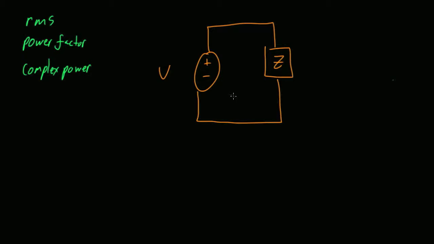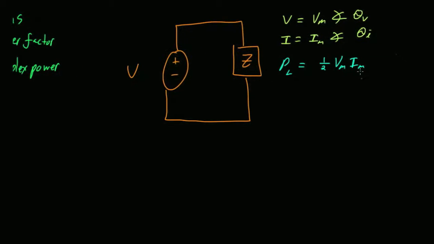We decided that if your voltage can be expressed as a phasor Vm at angle theta v, and your current can be expressed as a phasor Im at angle theta i, then the power in the load can be expressed as 1/2 Vm Im cosine of theta v minus theta i.